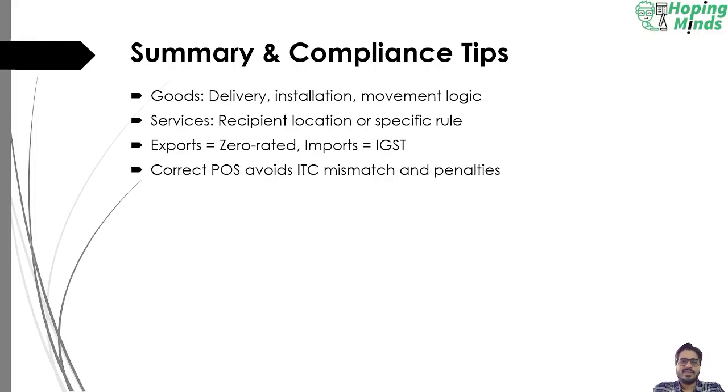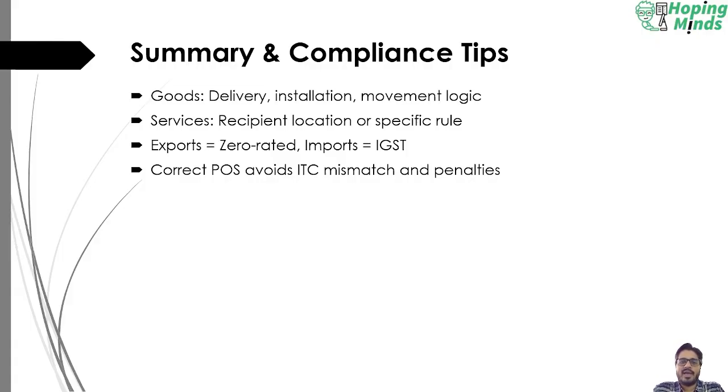So to summarize, in case of goods, we have to see the delivery, installation and the movement logics. In case of services, the place of supply will be the recipient location or we have to apply specific rules for specific transactions. Then for exports, these are zero rated and in case of imports, IGST has to be charged.